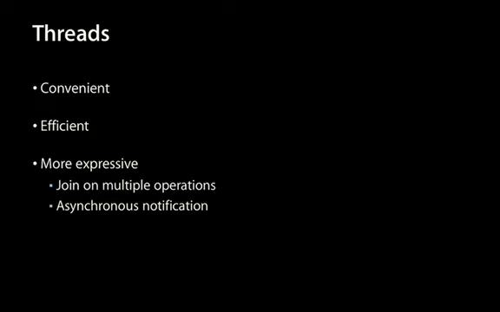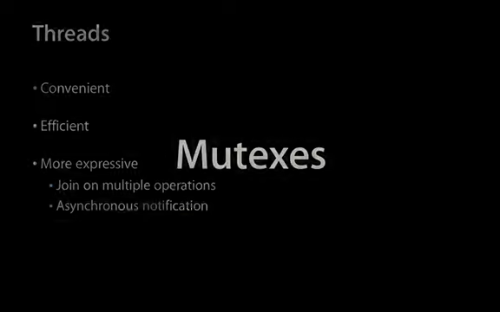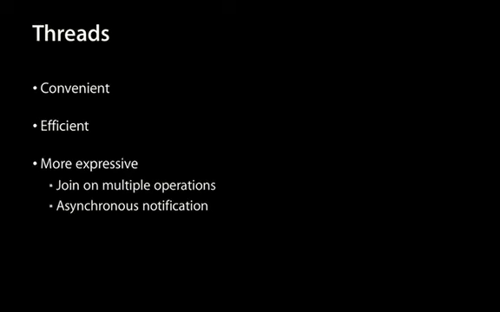So it's a really convenient alternative, especially with the block syntax. It's really efficient. It's also a lot more expressive, as I was describing. You can join in multiple operations. You can also do the notification. We believe you'll find that a lot easier to use.